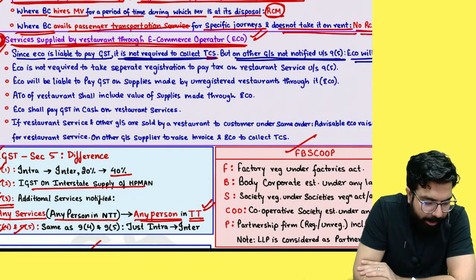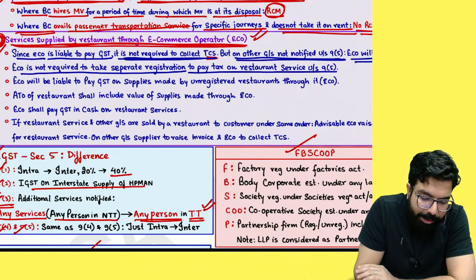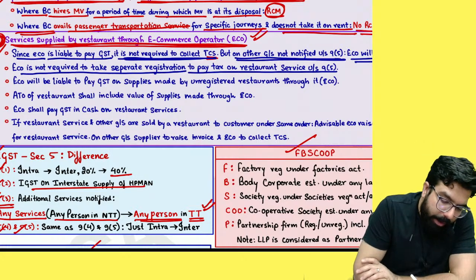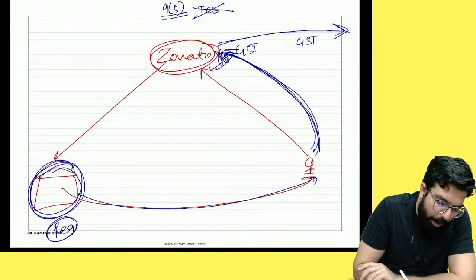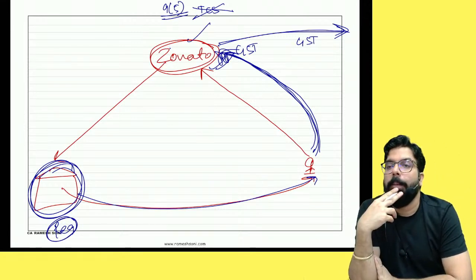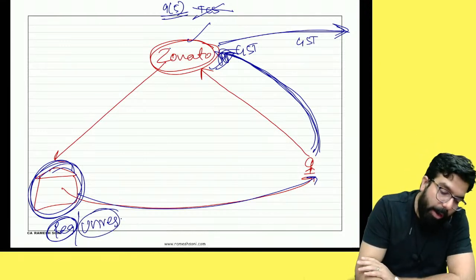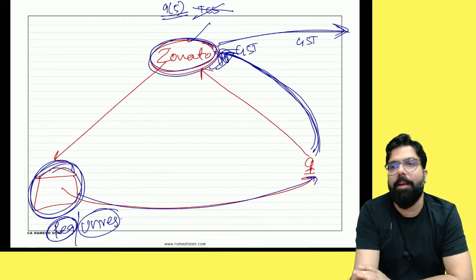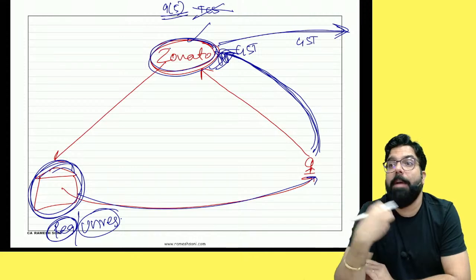Government told over here, e-commerce is not required to take a separate registration to pay the tax on the restaurant services. Next, people ask, sir, this restaurant is registered. Then who will pay the GST? E-commerce. Zomato only will pay. People ask, sir, what if this restaurant is an unregistered person? Then also who will pay? Government told e-commerce operator only will pay. People, did you guys get this point? If restaurant services are supplied, I am a restaurant registered.